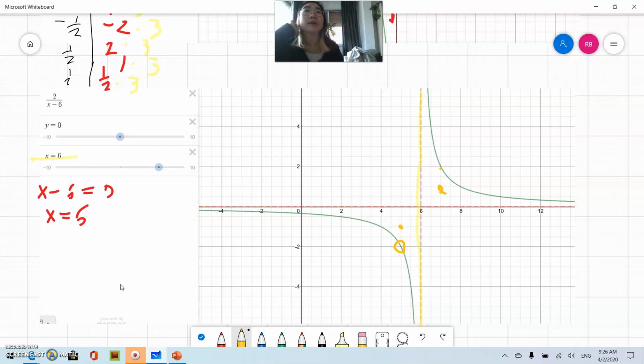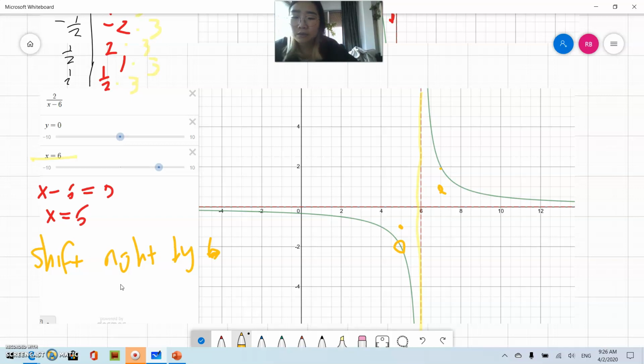So if you remember the normal transformation, when it was next to x and you saw -6, it shifted left to right, right? So when x is affected, it's shifting left to right, but it's opposite from what you see. So since we see x minus 6, it's shifting right by 6. And it's still stretched by 2. So I just wanted you to see that the transformation rules still stay the same, whether it's a fraction or not a fraction.